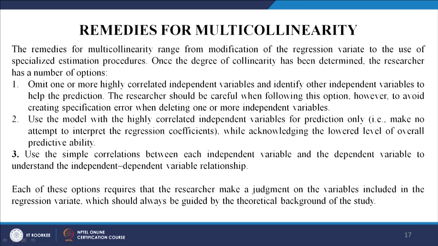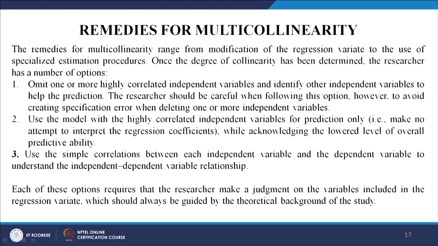Suppose you have taken a variable x1 and you find that x1 and x2 are highly related, keep only one of them and bring in a new variable in case you are falling short of variables, right. The researcher should be careful when following this option, however, to avoid creating specification error when deleting one or more. So, you should be careful while deleting your variables.